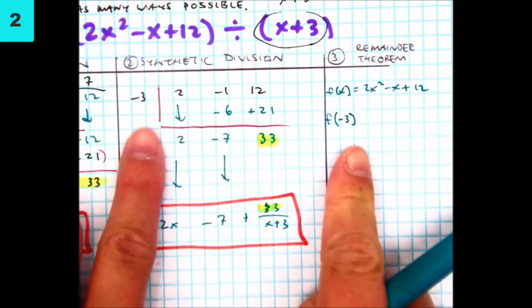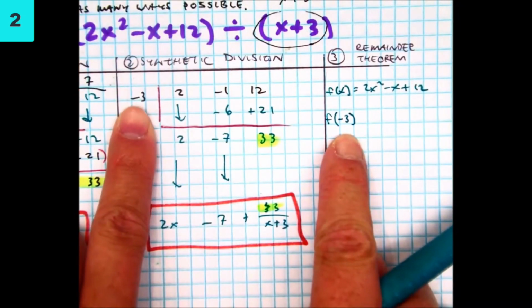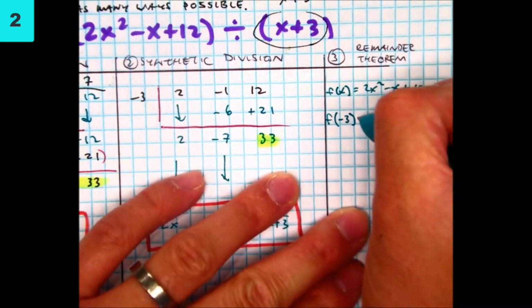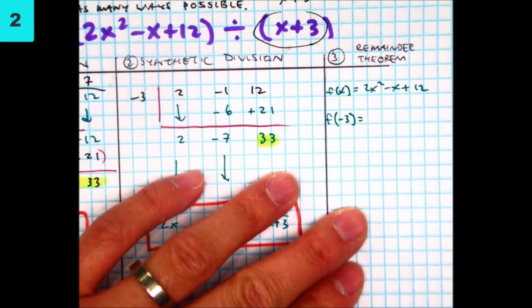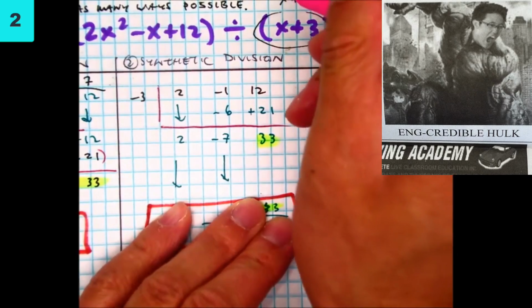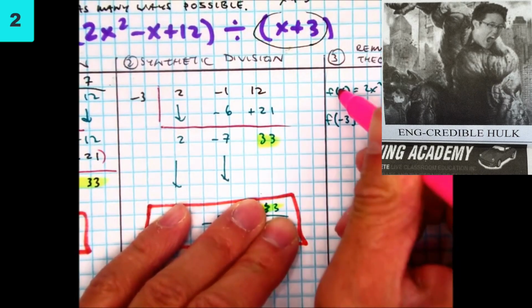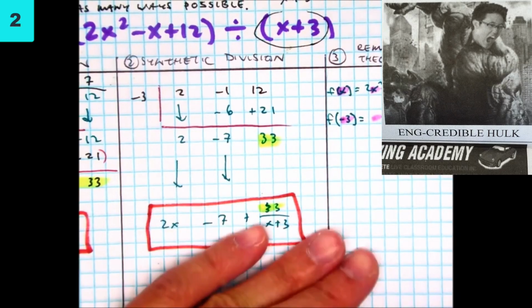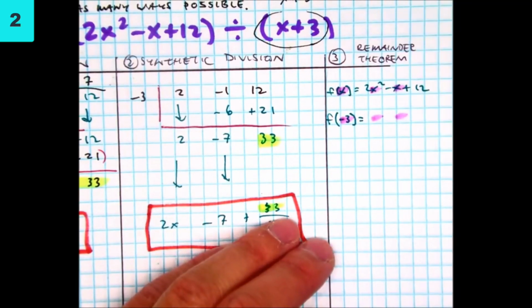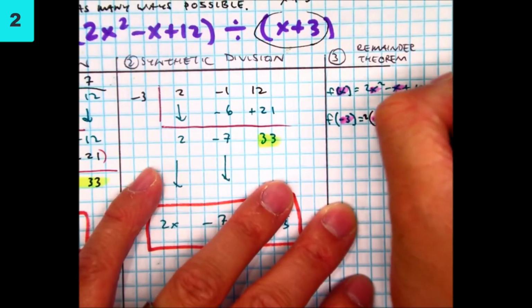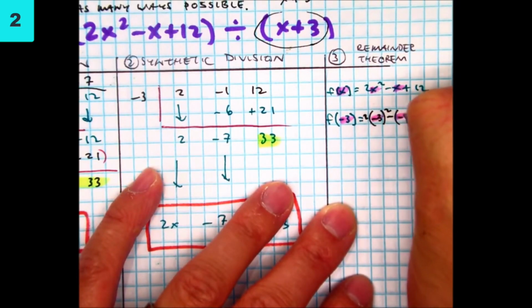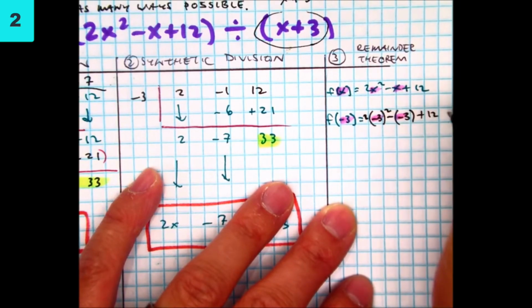Do you see how that negative 3 is what we use for the synthetic division as a divisor? I'm taking my x value of negative 3 and putting it in for every x value. I get 2 times negative 3 squared minus negative 3 plus 12.